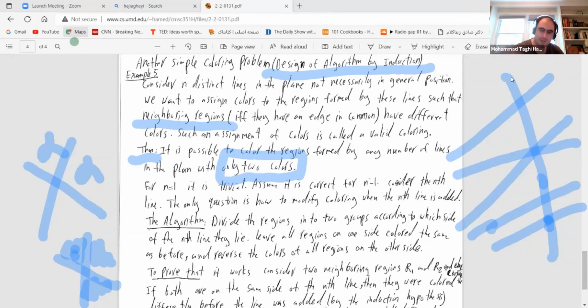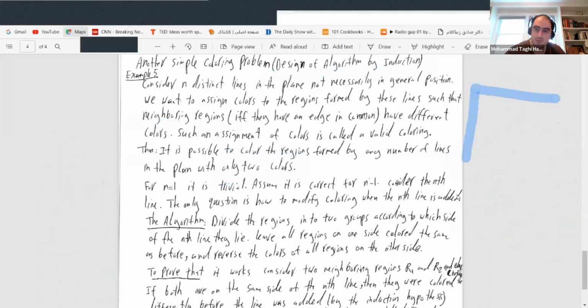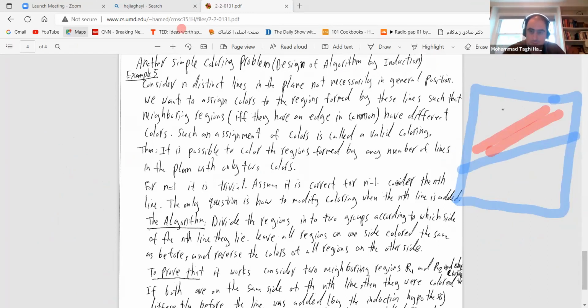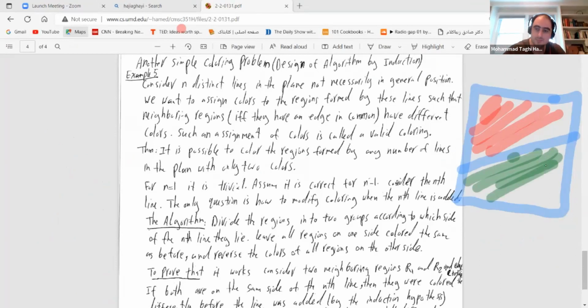Good. So let's play a little bit with that. This is the whole region that we have, and this is one line. If we color this one red, and then we color this one green.